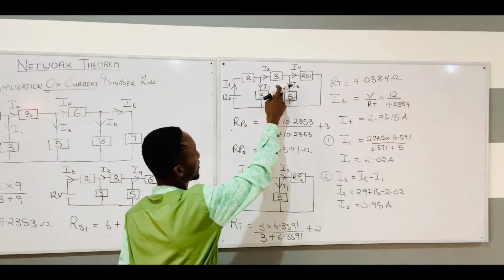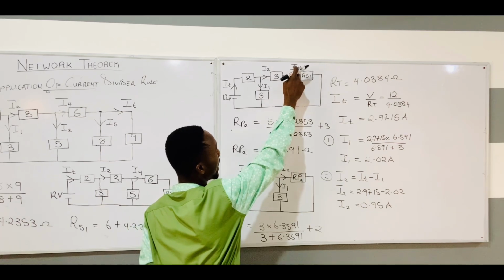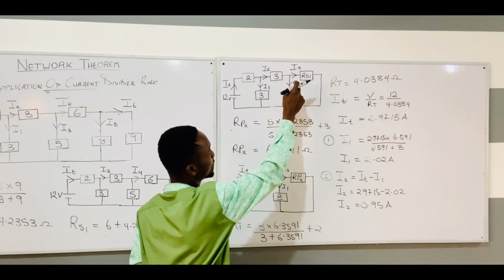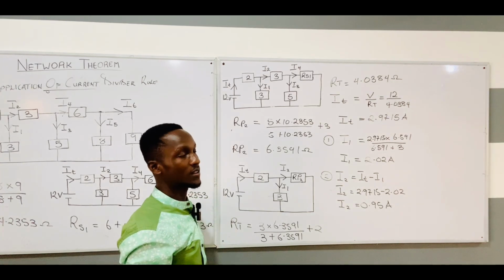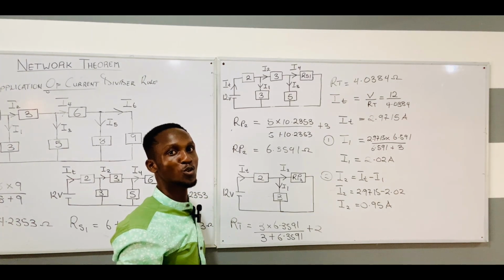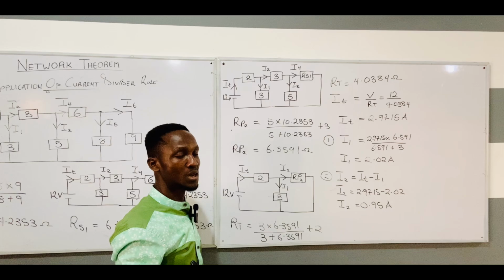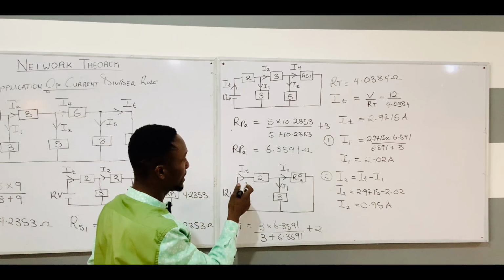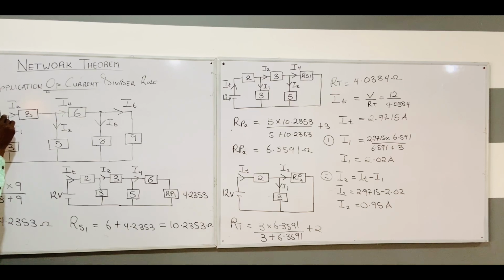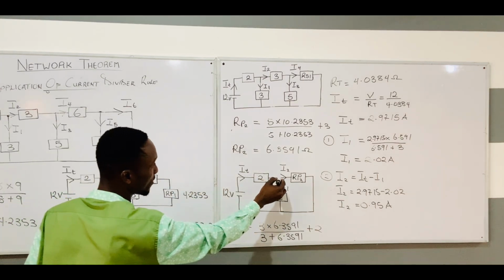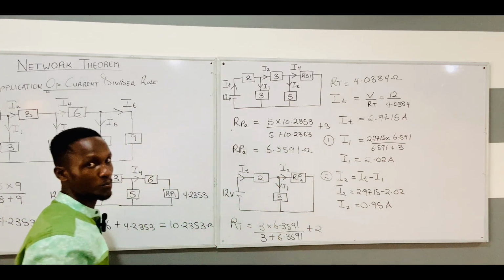Now, in this diagram, we have I3 and I4 passing through this branch. So we can find the value of I3. To find the value of I3, we need the source current. Now, the trick is some of you get confused. The IT, which was supplying the total current to this node, has finished supplying.